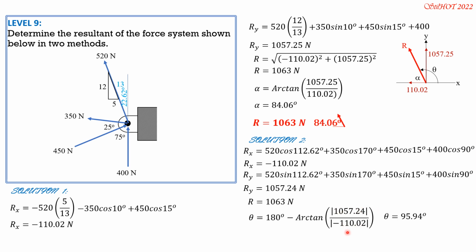So theta is 95.94 degrees, so that the answer is R 1063 at theta equals 95.94 degrees. It is understood because if you express this in vector form, 1063 cosine 95.94 degrees i plus sine 95.94 degrees j, it will give us the x and y components respectively.